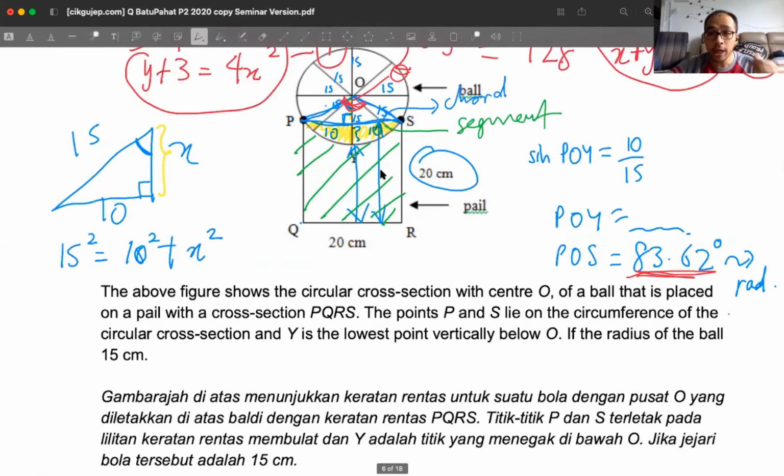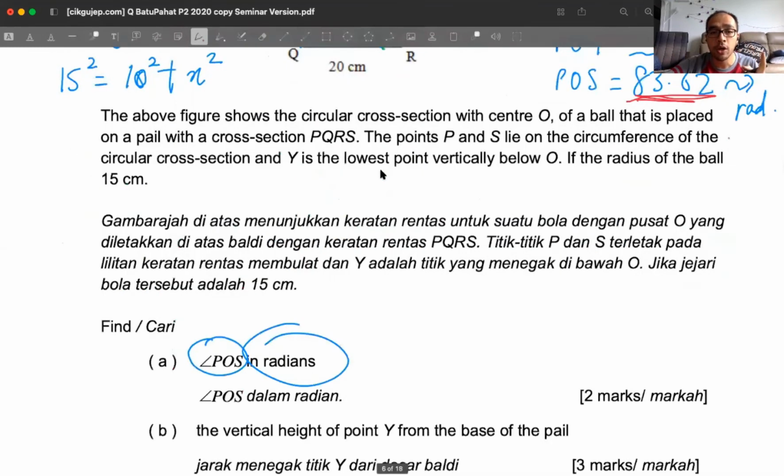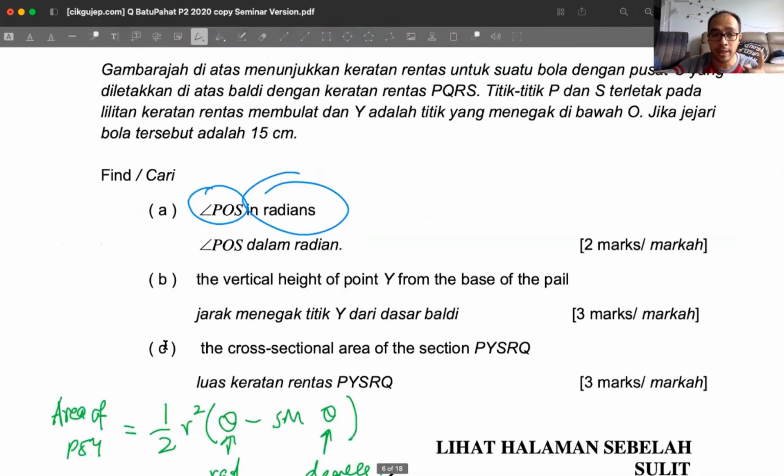If you think about it, only question A and question C are actually additional maths. Question B is actually from Form 3 maths. If I give the angle and give question B to Form 3 students, they should be able to answer because it only involves Pythagoras theorem.